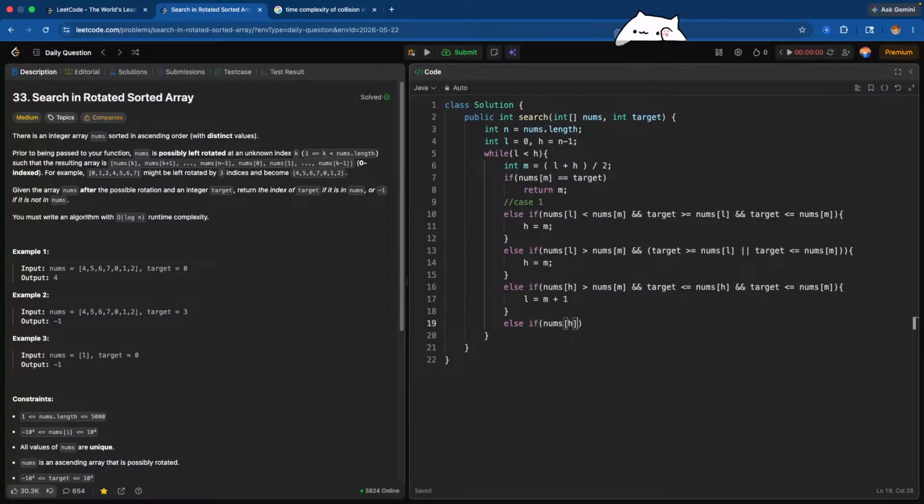Nums of H is lower than nums of mid. Then for it to be on the right side, it should be either greater than mid or it should be less than.